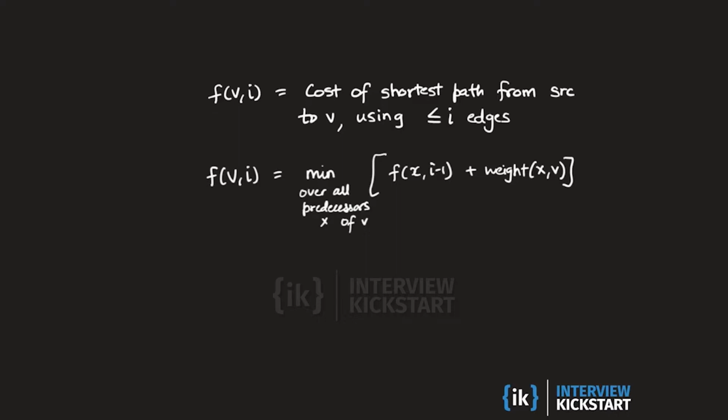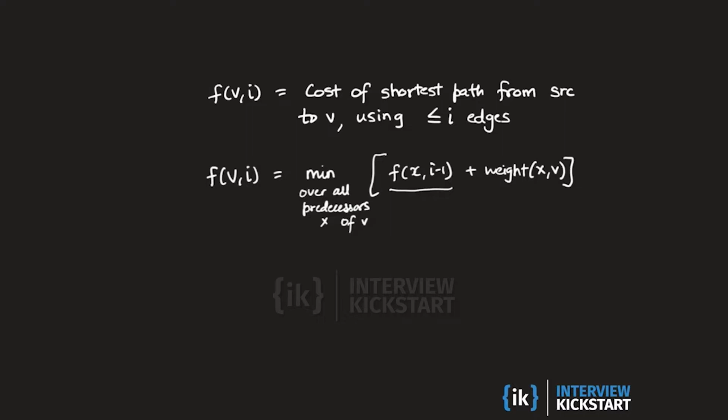F of v comma I is the minimum over all the predecessors of v. Predecessors of v are the vertices which have directed edges into v. For each predecessor, we calculate f of that predecessor comma I minus 1.